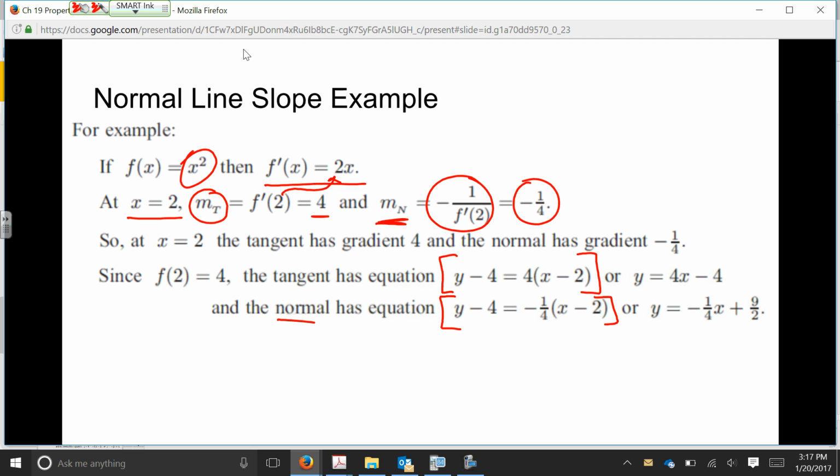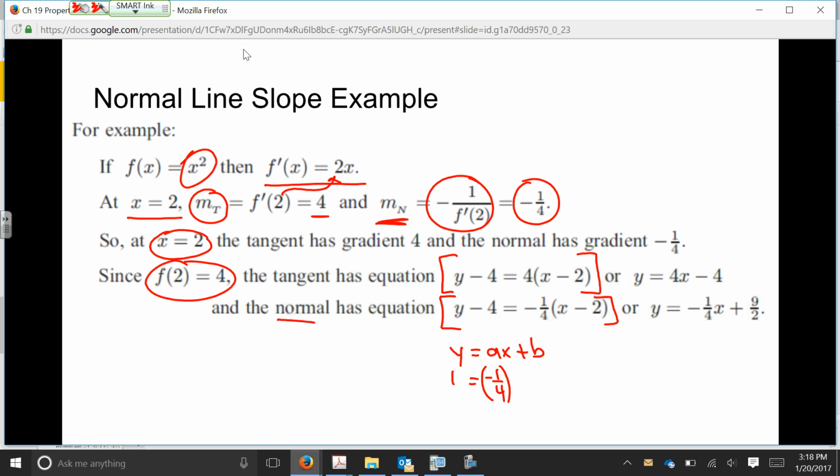If we were to use slope-intercept form, we would say, okay, we know the formula for a line is y equals ax plus b. We know that we have a slope of -1/4. And the point that we're going to be referencing is the point x equals 2. And when x equals 2, y equals 4.